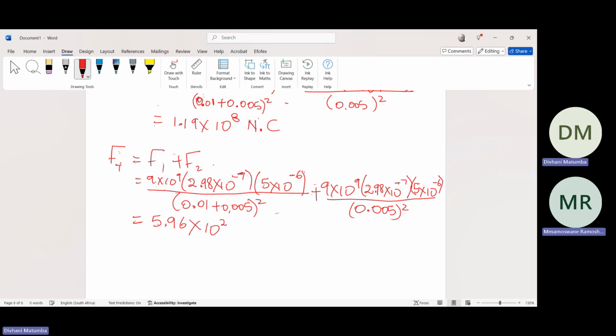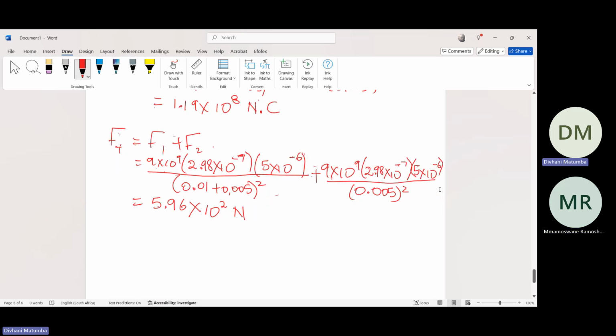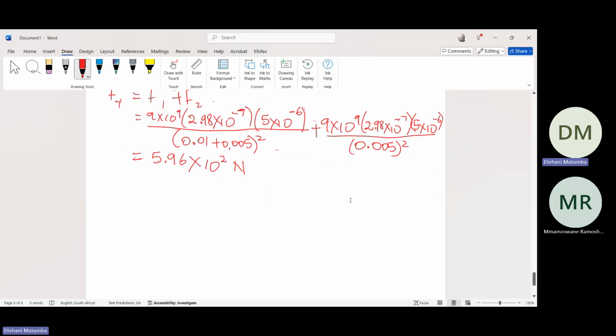And the units? The unit is going to be newtons. Newtons. Okay, that's another way of going about it.